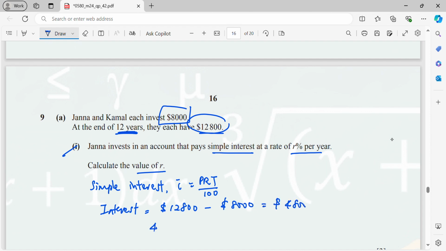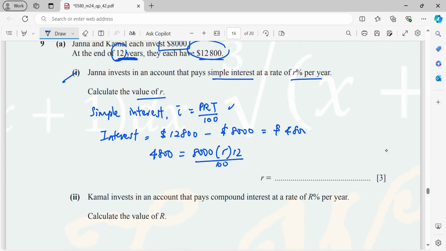So now substitute into this formula. 4,800 equals, the P is the principal amount, 8,000. The R is the interest rate, so R, right? Then the T is how many years, which is 12 years. Then over 100. Because of R percent, I change to R over 100. Then from here, you can just calculate the R now.